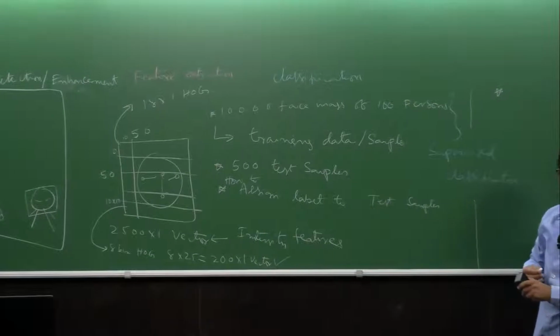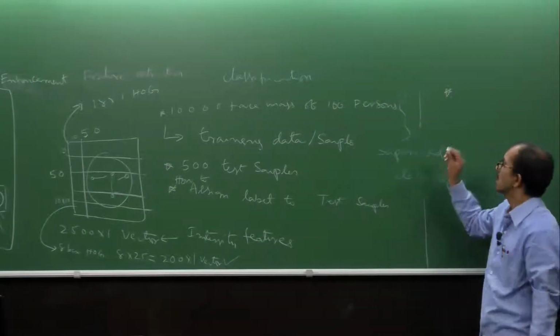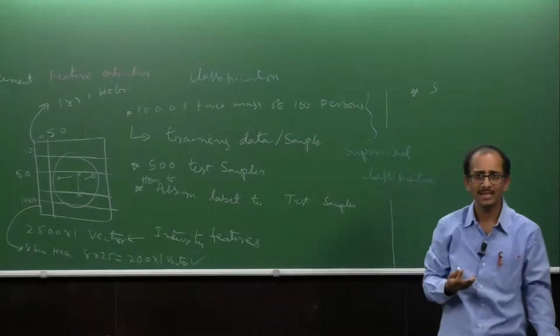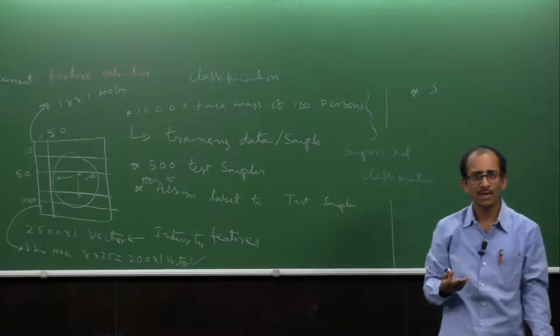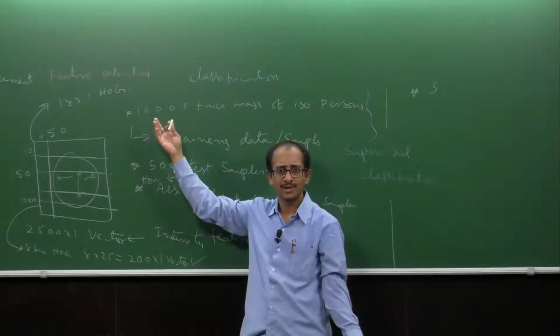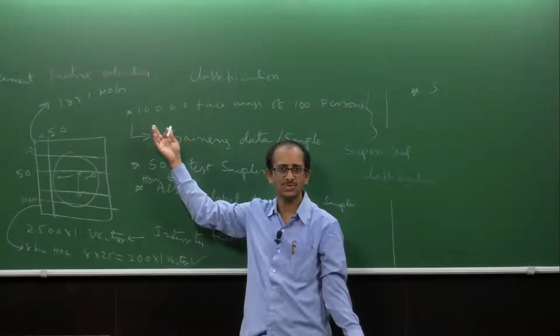If we have the first test sample, which is described by a 200 cross 1 vector, then what do we do with that? We take the Euclidean distance to all the training samples, and then see which training sample is closest to it, the nearest neighbor.